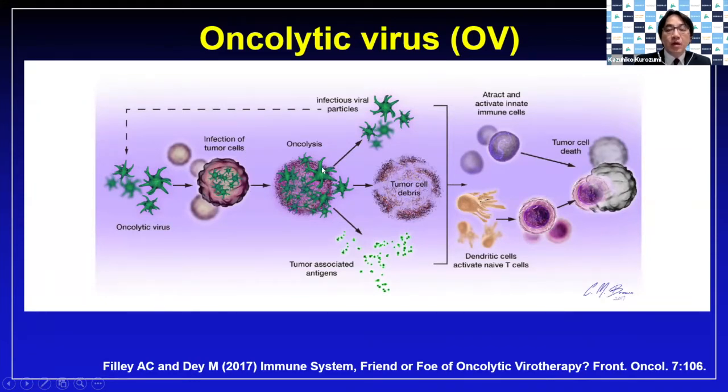Then there is a lytic cycle, and after that, tumor cell debris or tumor-associated antigens induce dendritic cells, which can activate naive T cells or attract and activate innate immune cells. Then tumor cell death. A very interesting treatment.